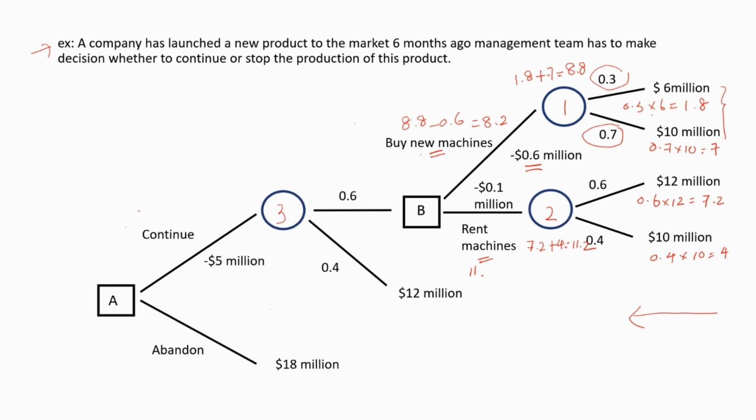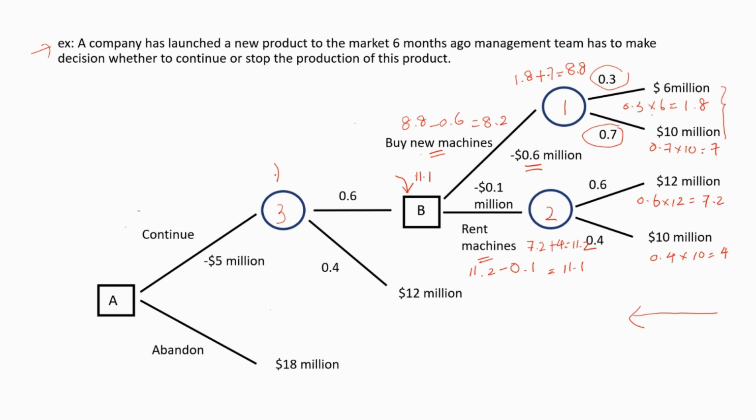The expected value for rent machine equals 11.2 minus 0.1, which equals 11.1. So now we have to make a decision at decision point P whether to select the buy new machines option or rent machines option. We select the highest positive expected value option, which is rent machines. So this equals 11.1.